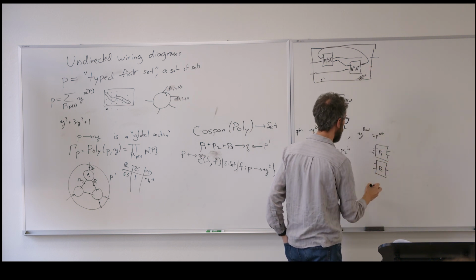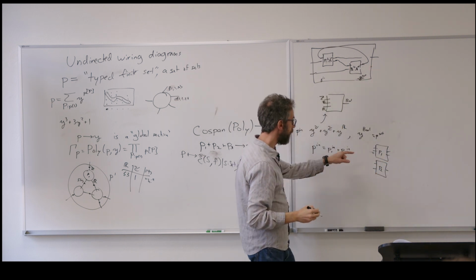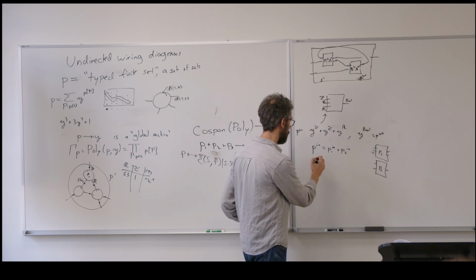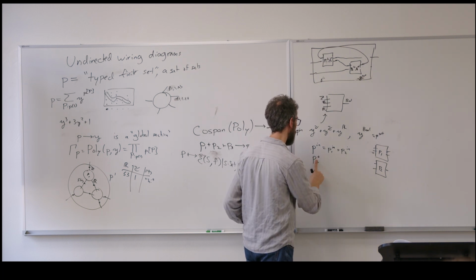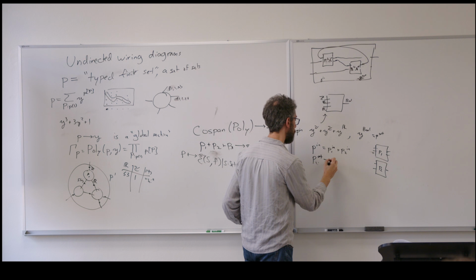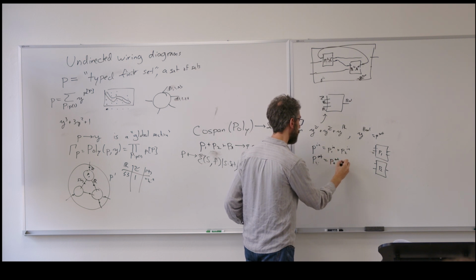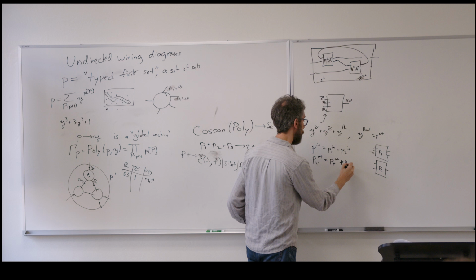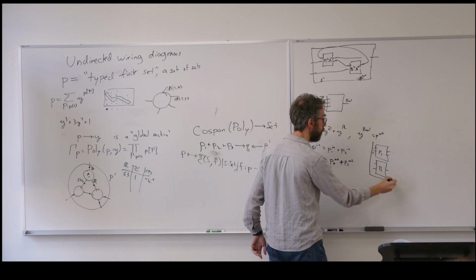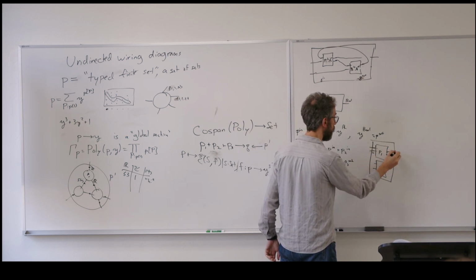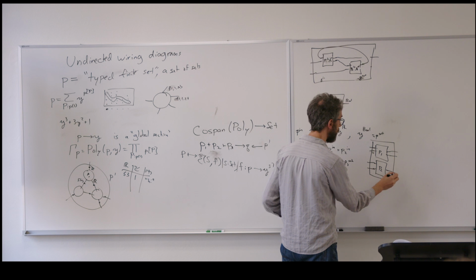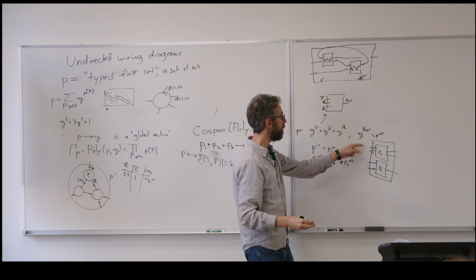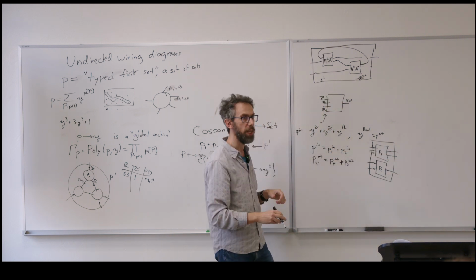My outputs on P1, there are 2 of them, and on P2, there is 1 of them. So P out is going to be P1 out plus P2 out. So I'm forming this new box that looks like that. It has 4 inputs and 3 outputs, and each one is labeled by some set.